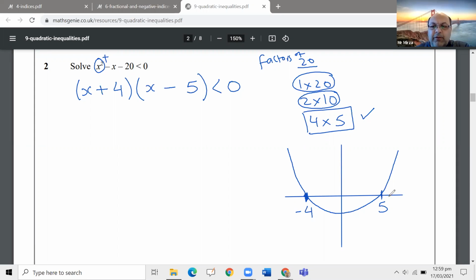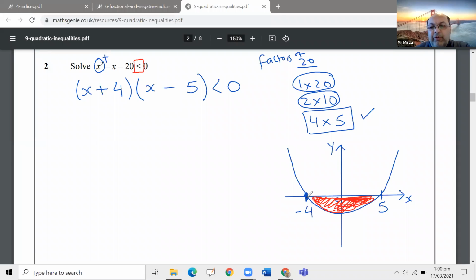Okay, and this is 0 as x, and so y. Now the value of y you're looking for is less than 0, and you can see y is negative here. So the y is negative here, so we're looking at this area. That's where the value of y is negative.